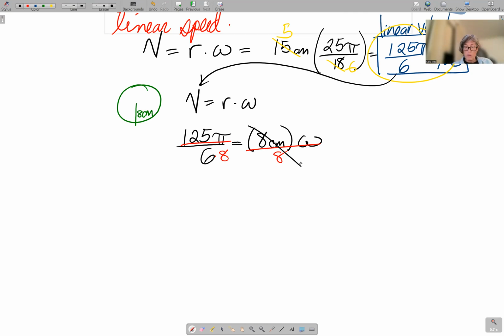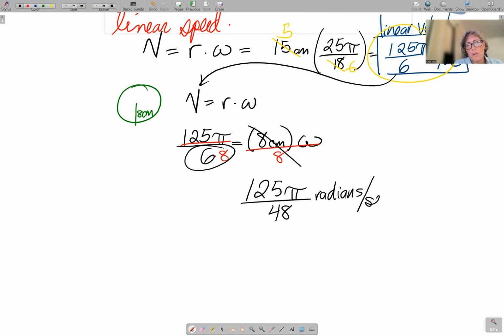And then we can reduce where we can. And we can't. 6 doesn't go into 125. 3 doesn't go into 125. 4 doesn't go. So we simply multiply it out, and we get 125 pi over 48 radians per second.